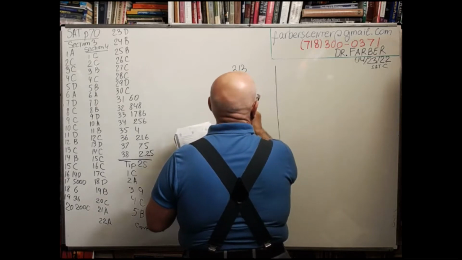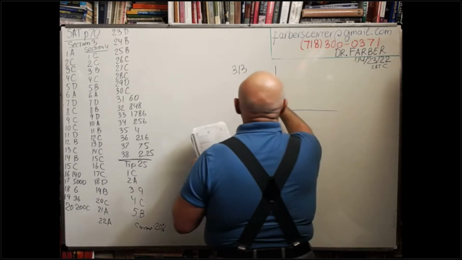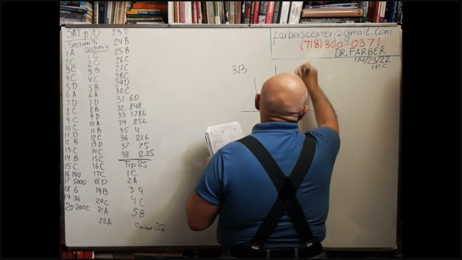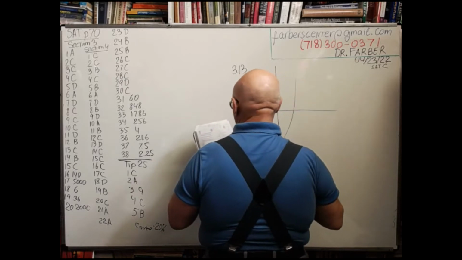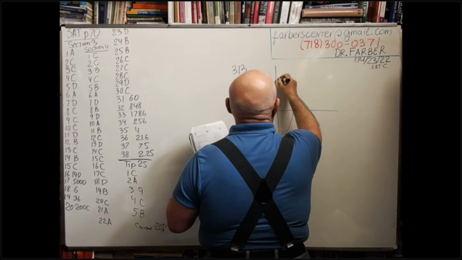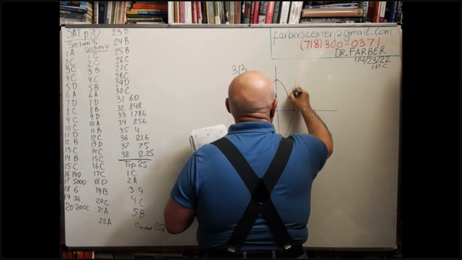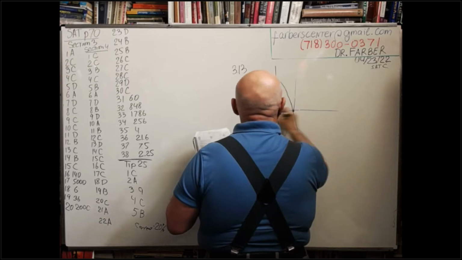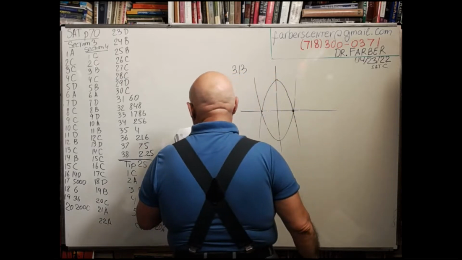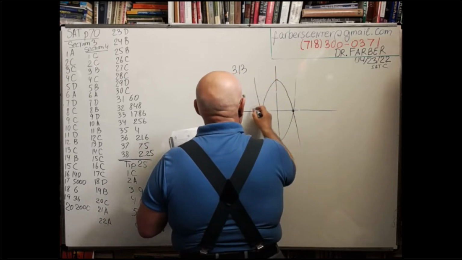We have one parabola, and another parabola, kind of like this. And this is negative C, 0.